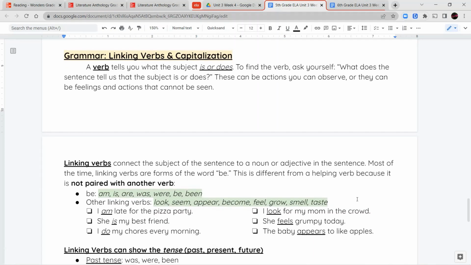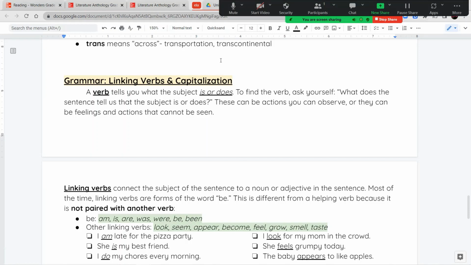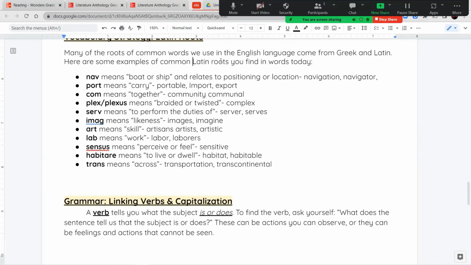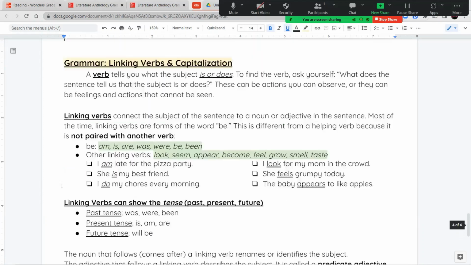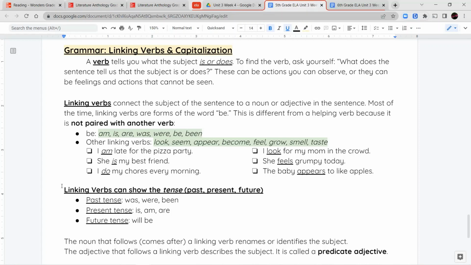Next, we're going to talk about grammar and linking verbs and capitalization. So for our grammar, we're going to first talk about what a verb is. So a verb tells you what the subject is or does. So to find the verb, you ask yourself, what does the sentence tell us that the subject is or that the subject does?